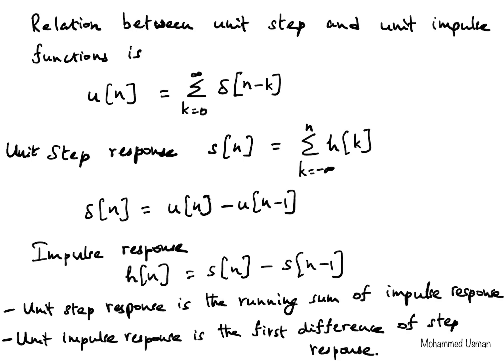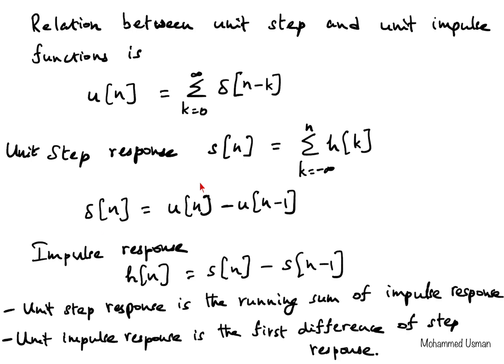The difference is that instead of the summation of h of k for the unit step response, it is going to be the integration of h of t to get s of t. So in the continuous time case, the step response s of t will be equal to an integral of h of t from minus infinity to the time t at which we want to compute the unit step response.